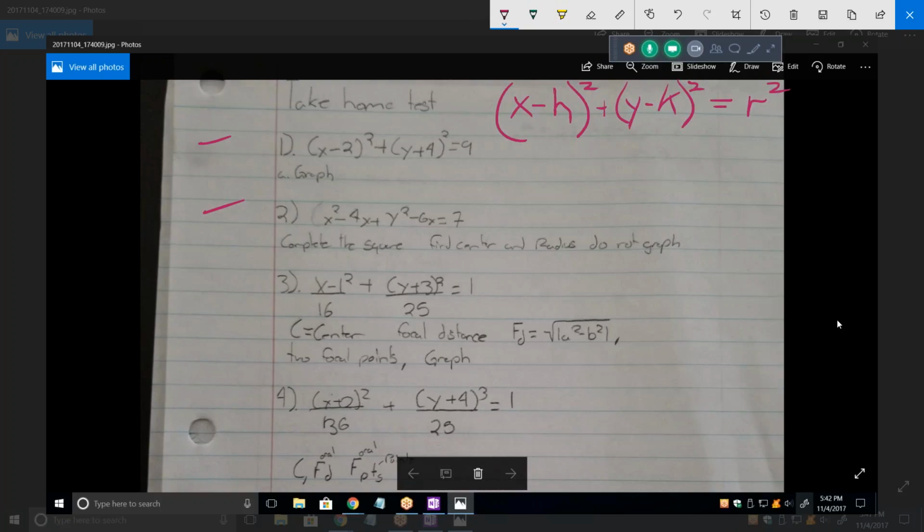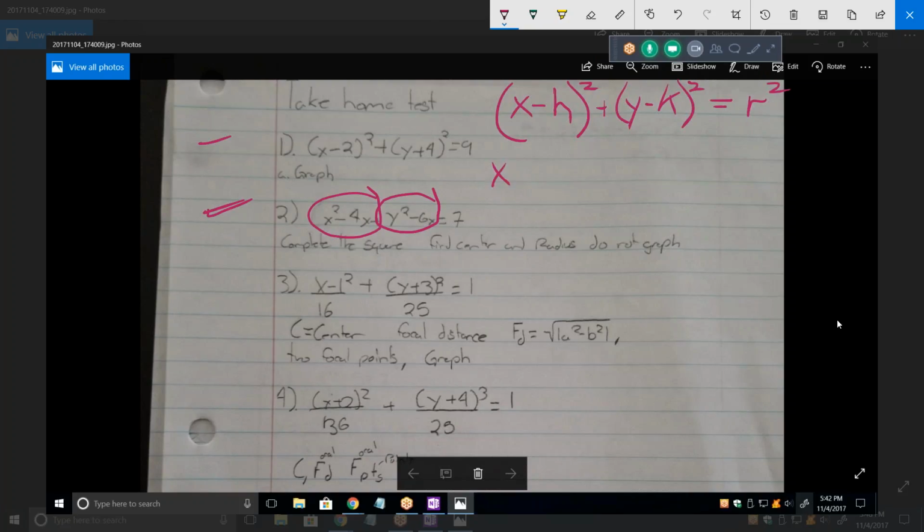They'll just give you a polynomial, and you have to take this format and convert it to this format. And the way you do it is by completing the square. The way you complete the square is you combine the x terms, you combine the y terms, and you leave the number on the other side. And then you just complete the square on each one of them and adjust.